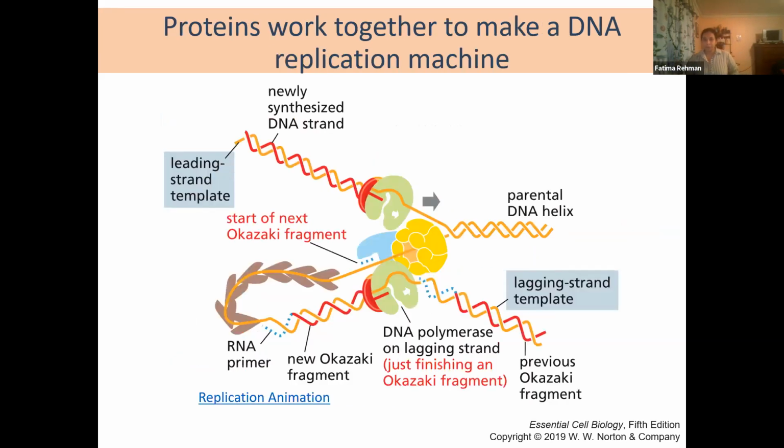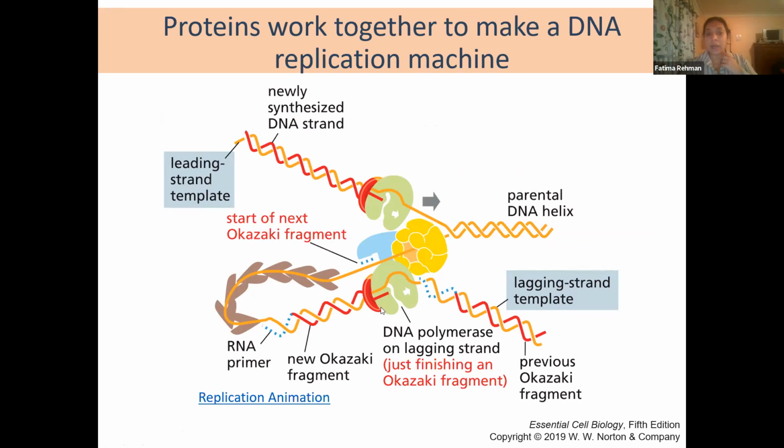Okay. So here you see an up-close view of this procedure, and you see both the leading and the lagging strand, and how they all have to work together for this process to work efficiently.